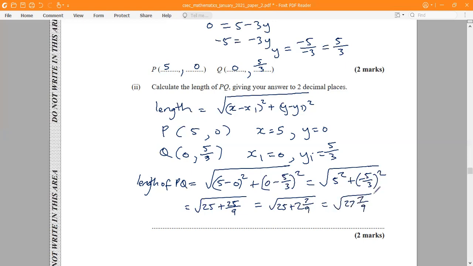I will use our calculators to find it, getting 5.27 as our answer, correct to 2 decimal places. So 5.27 units would be the length of the line segment PQ. Okay, let's move on.